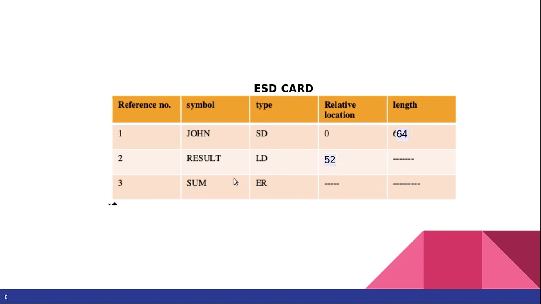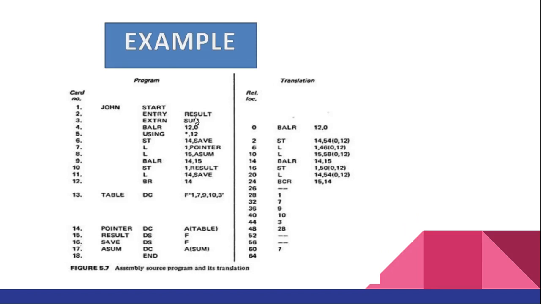Now we are considering the next symbol. We have one more symbol, sum, declared using the extern pseudo opcode. Now you can make the entry for the sum symbol. The name of the symbol is sum, but it is not defined in the program. It is defined outside the program but referenced in the program, so it is an external reference. So the type of the symbol is ER.